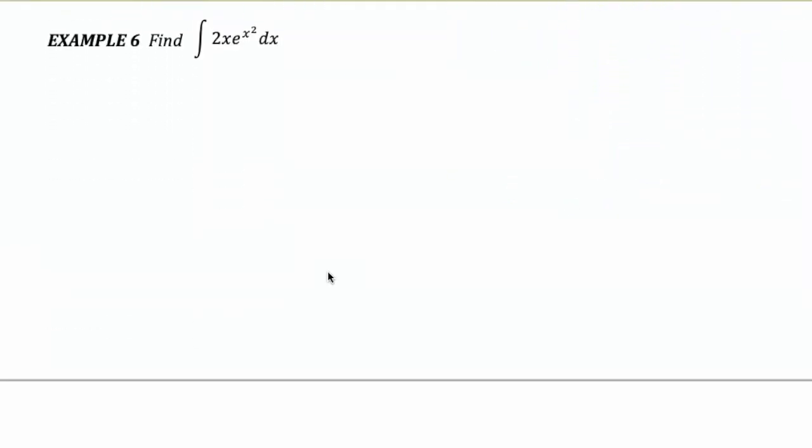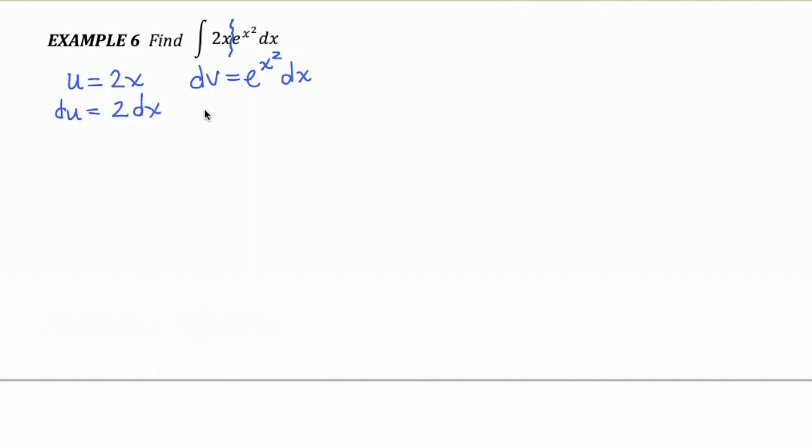All right, one last example in the basics section here. Now I'm going to go ahead and see the split of my functions here. I'm going to choose u to be my first function, dv to be all the rest. Take my derivative of u, and I'll get 2 dx.